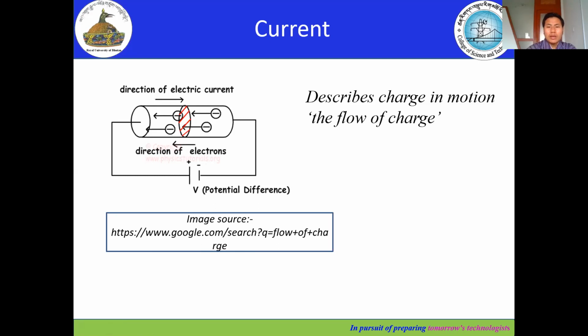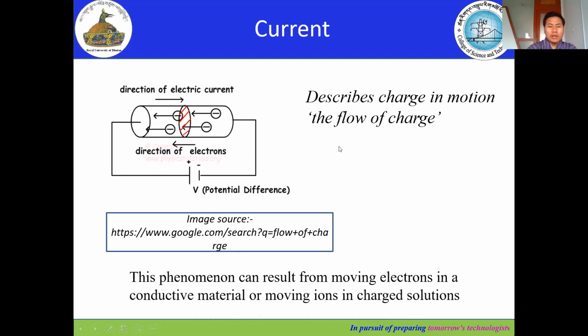Current describes the charge in motion, or the flow of charge. This phenomenon can result from moving electrons in a conductive material or moving ions in a charged solution.